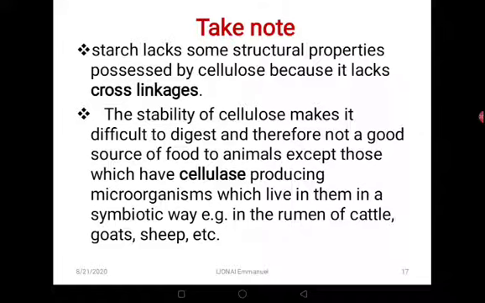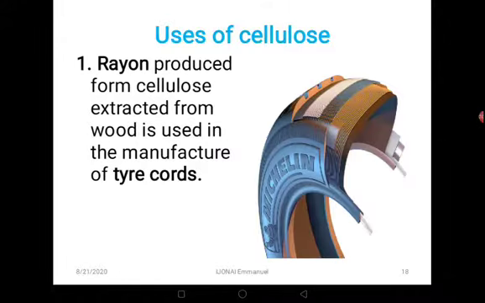However, most of the other animals cannot digest cellulose because they don't have the capacity to produce cellulase.